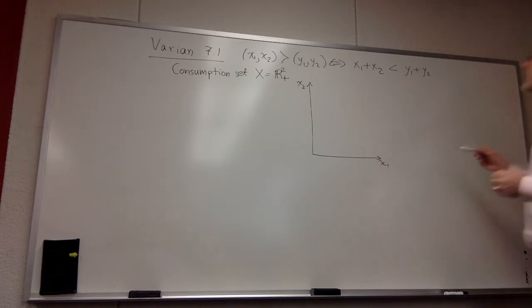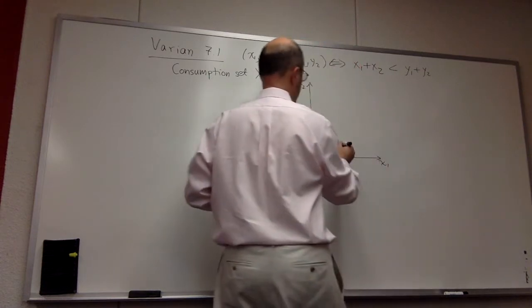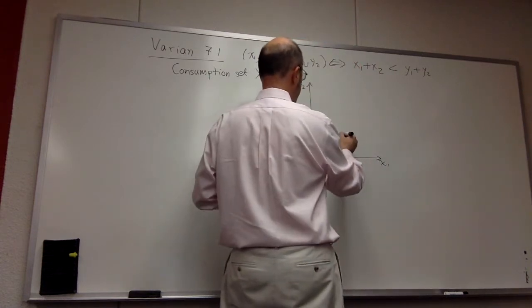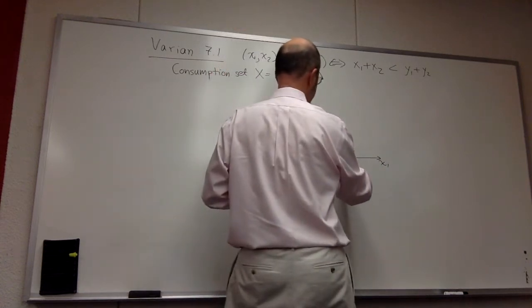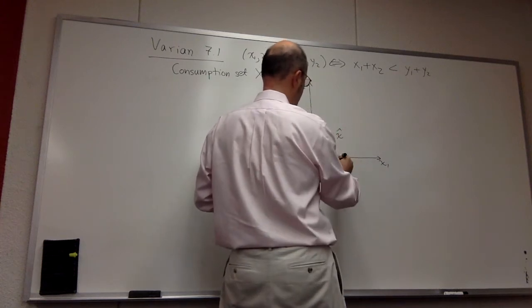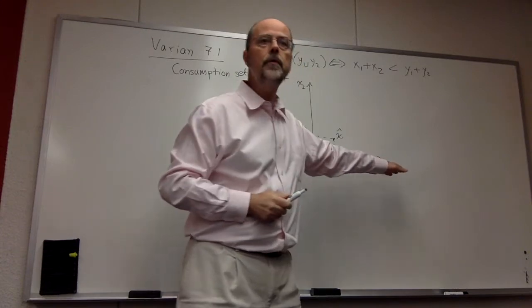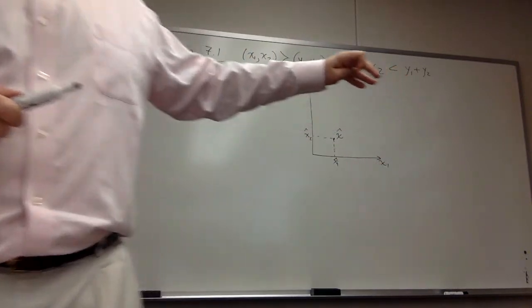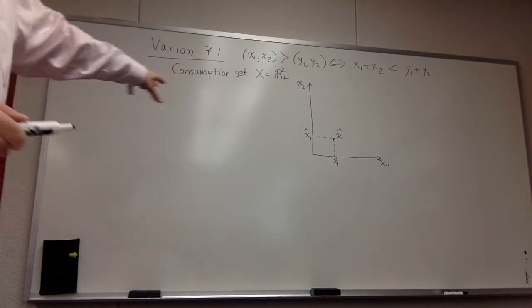Okay, very good. So, if this is a point, let's call it, well, how about we call it point x, with coordinates x1. Let's actually give it a hat. It's a specific point. I don't want confusion between the symbols I used for the axes and this particular point. Okay?